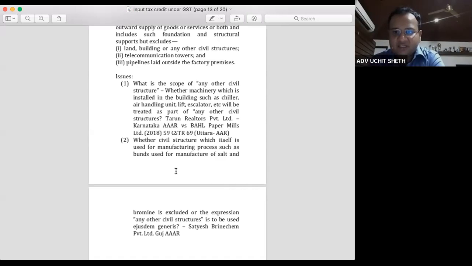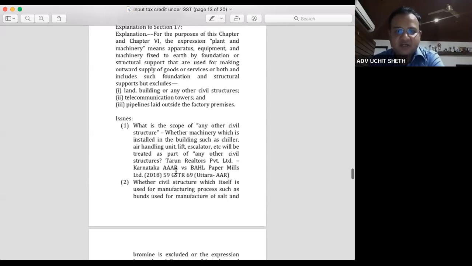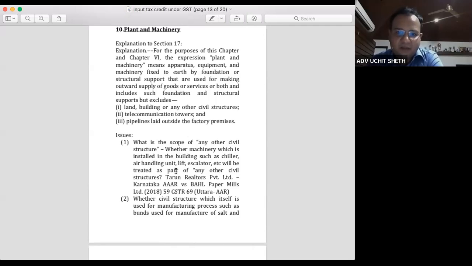If it is a machine and if it is embedded into the earth, input tax credit in respect of that machine cannot be disallowed on the ground that it becomes part of the building and therefore you are covered within that exclusion. If we look at the provision itself defines plant and machinery to be something which is fixed to earth by foundation or structural support.